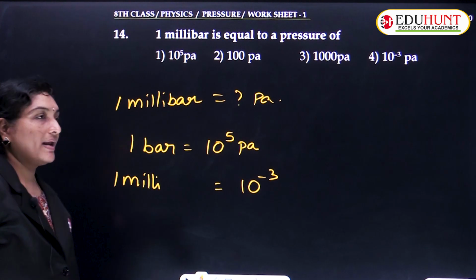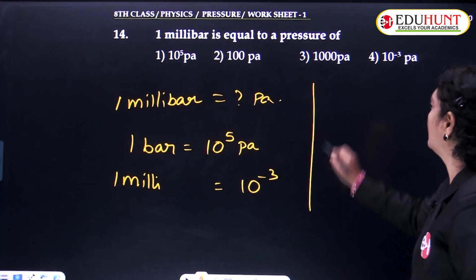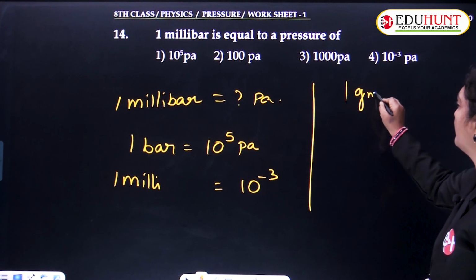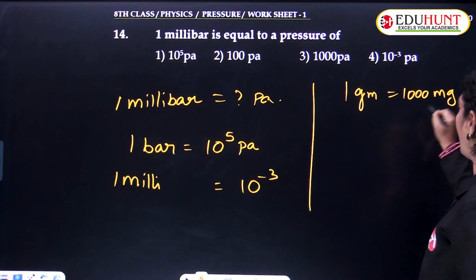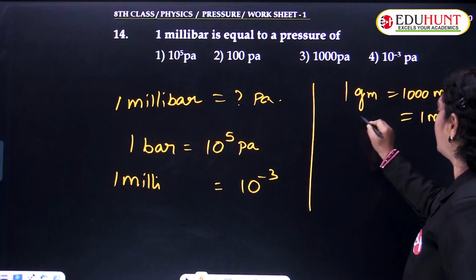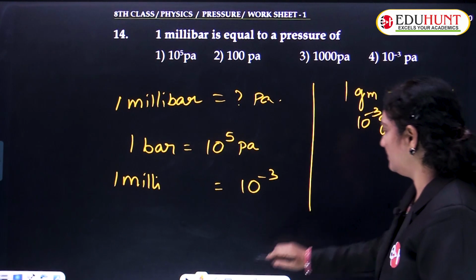1 gram is 1000 milligrams. So 1 milligram is equal to 10 power minus 3 grams. You know this? Okay.